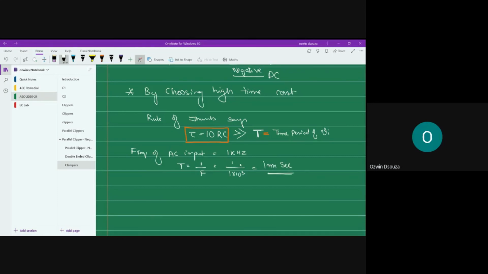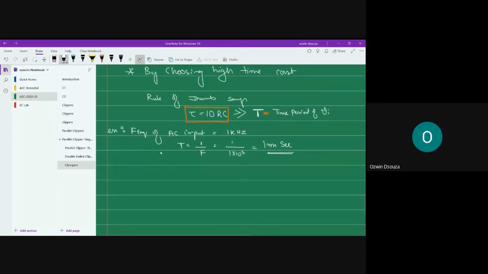So the time period of the given AC input is 1 millisecond. That means when you have to choose the time constant for this circuit, you should make sure that the time constant of the circuit is extremely high compared to the time period of the waveform.